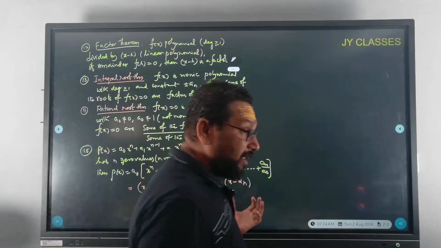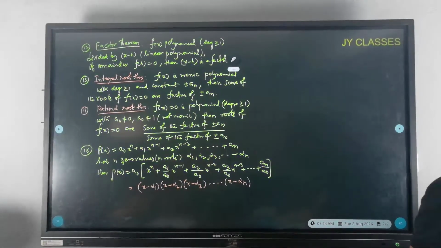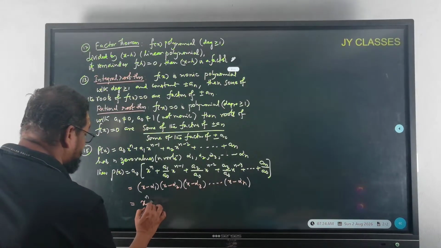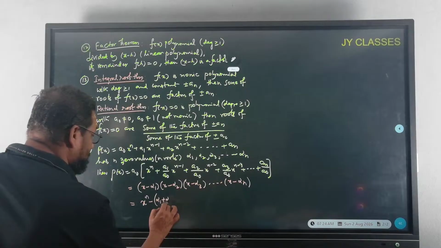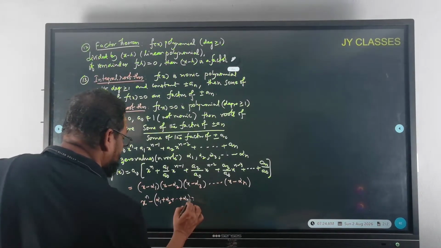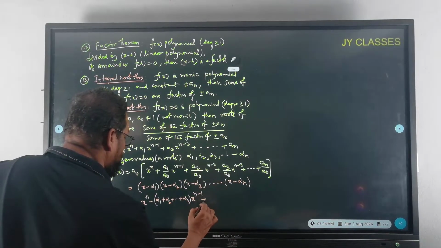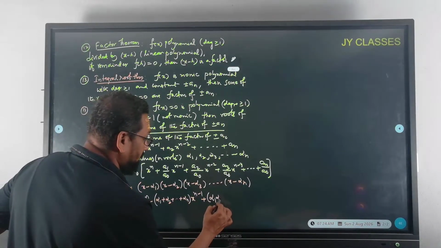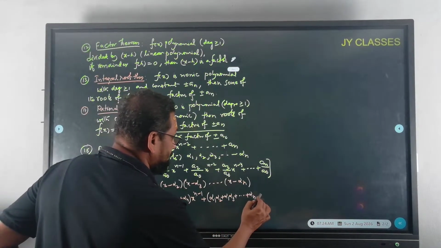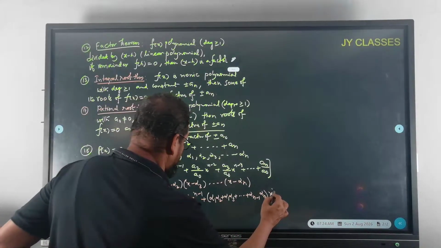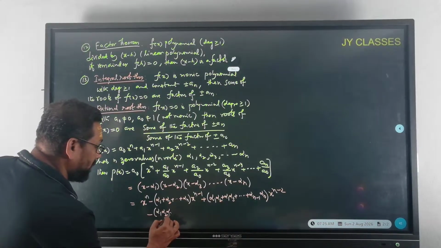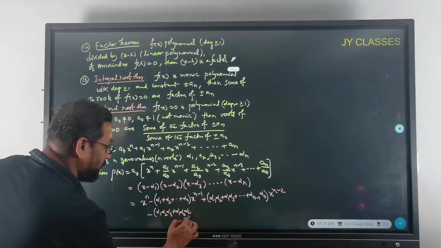Okay, if you expand this product, what will we get here? x power n minus alpha 1 plus alpha 2 plus so on plus alpha n into x power n minus 1, plus alpha 1 alpha 2 plus alpha 1 alpha 3 and so on plus alpha n minus 1 alpha n, be the last term with x power n minus 2, minus alpha 1 alpha 2 alpha 3, alpha 1 alpha 2 alpha 4 and so on.